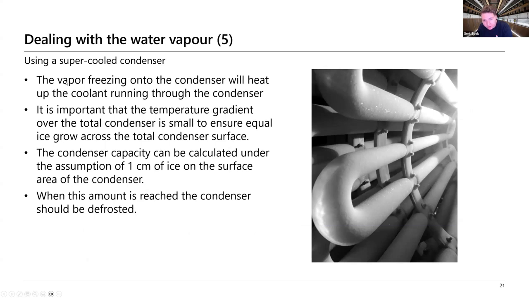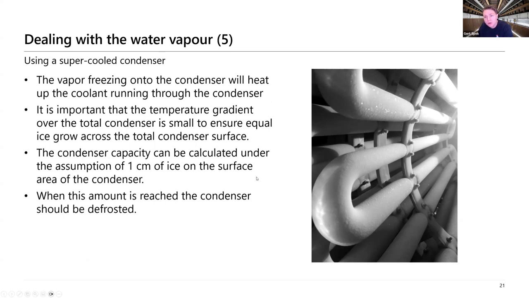The other part, of course, is that you will need this -30-degree liquid inside these tubes. And it's important that you apply this cooling power to this liquid so that the liquid won't heat up. Another important aspect to take into account is that the temperature gradient across these pipes should be relatively low so that you ensure equal ice growth across the total condenser surface.